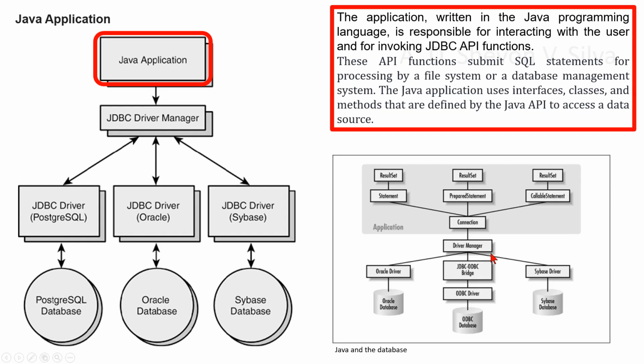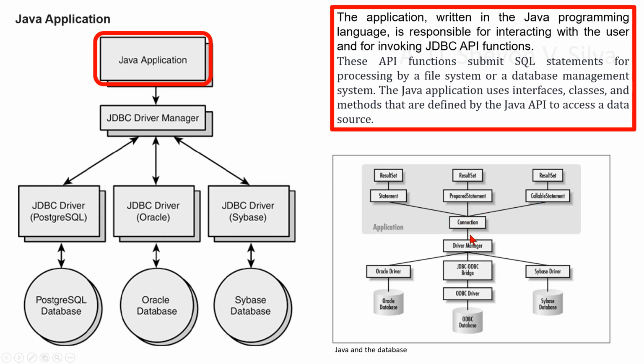Here you can see ResultSet is connected to Statement. Here ResultSet is connected to PreparedStatement. ResultSet is connected to CallableStatement. Statement, PreparedStatement, and CallableStatement interact with the Connection.